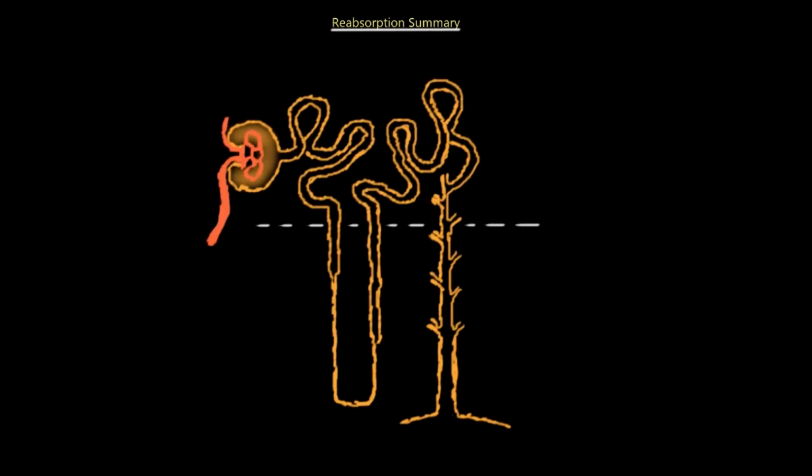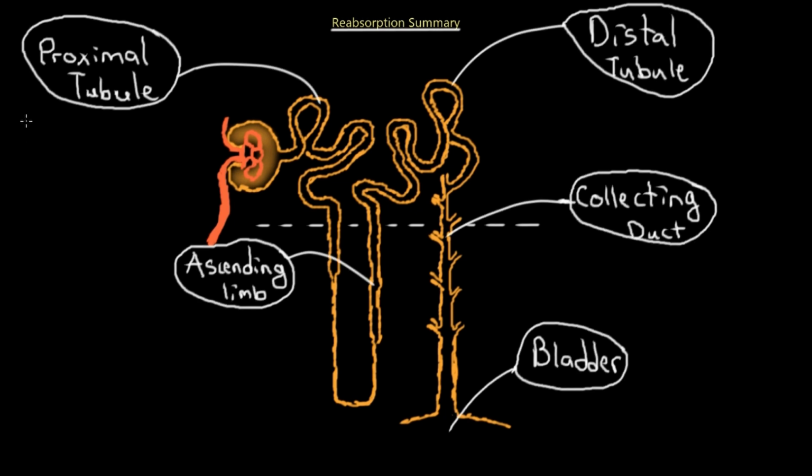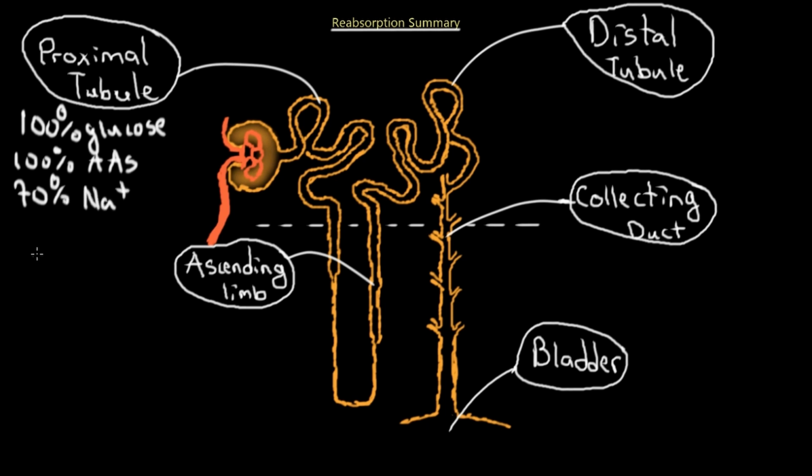But we are going to go over the reabsorption summary so you can get a glimpse of how much, in terms of percentage, is being reabsorbed in which parts of the nephron. So in the proximal tubule, 100% of the glucose will be reabsorbed. 100% of the amino acids will be reabsorbed as well. We'll have 70% of the sodium ions reabsorbed.